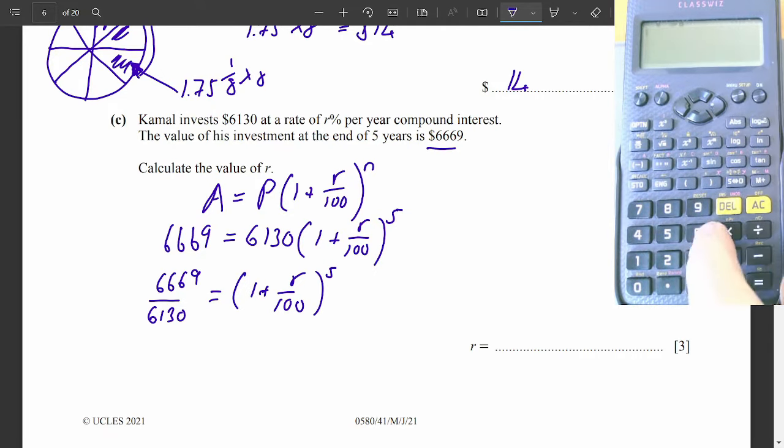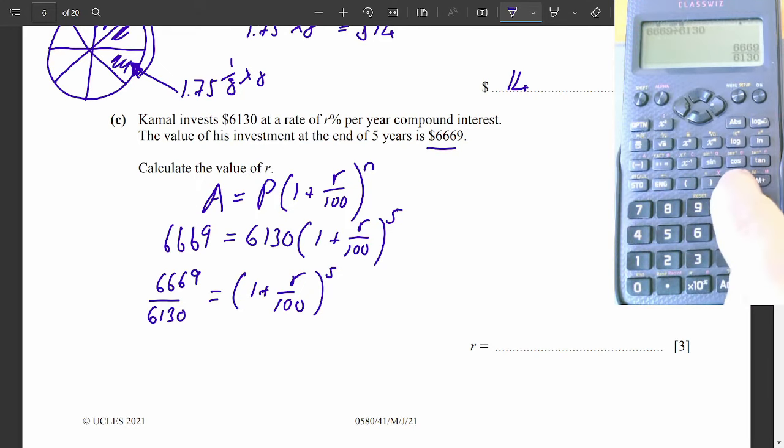So let's do that. 6,669 divided by 6,130. Okay. Oh, that's funny. Now, we're not going to be writing all of those digits down. So the best is just to leave it the way it is. That seems to be the simplest form it is in.